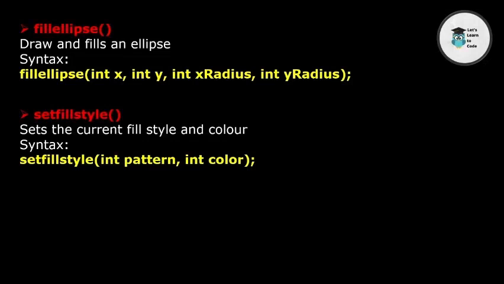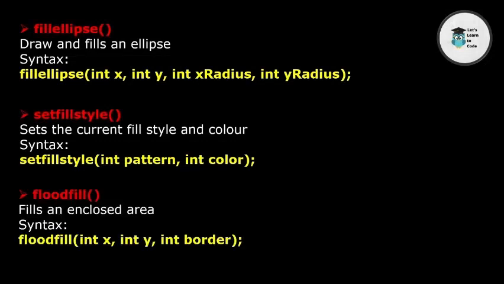Setfillstyle sets the current fill style and the color. There are various filling styles, that is solid fill, hash fill, pattern fill, line fill, X fill, etc. The floodfill method fills an enclosed area. The syntax is floodfill x and y in integer, and the border.